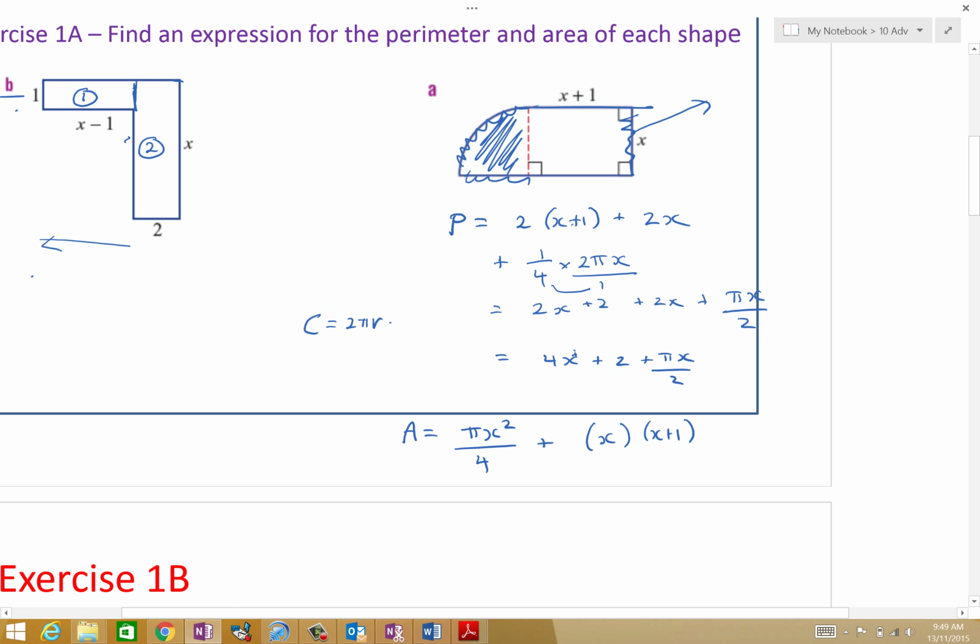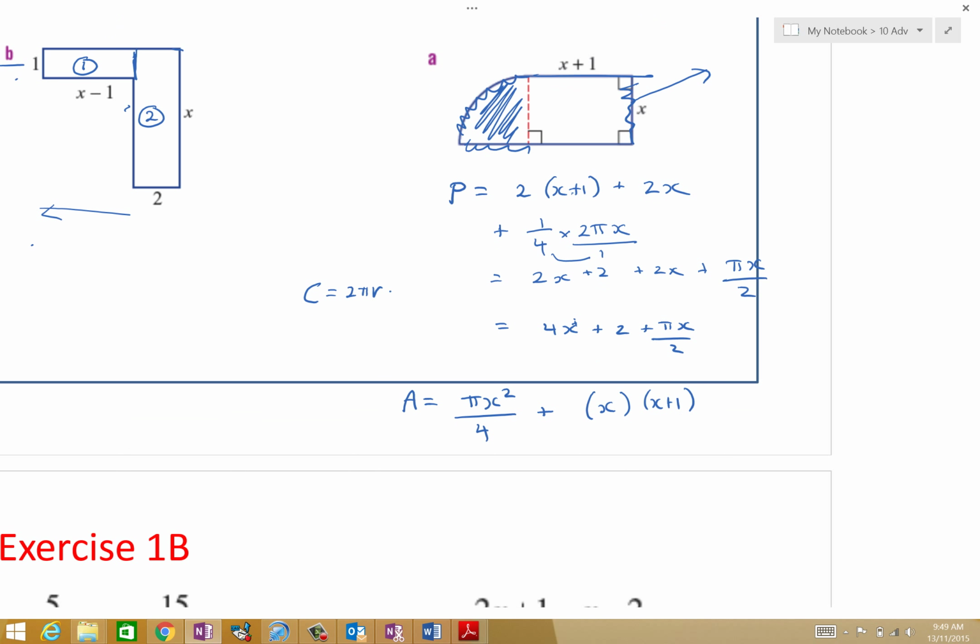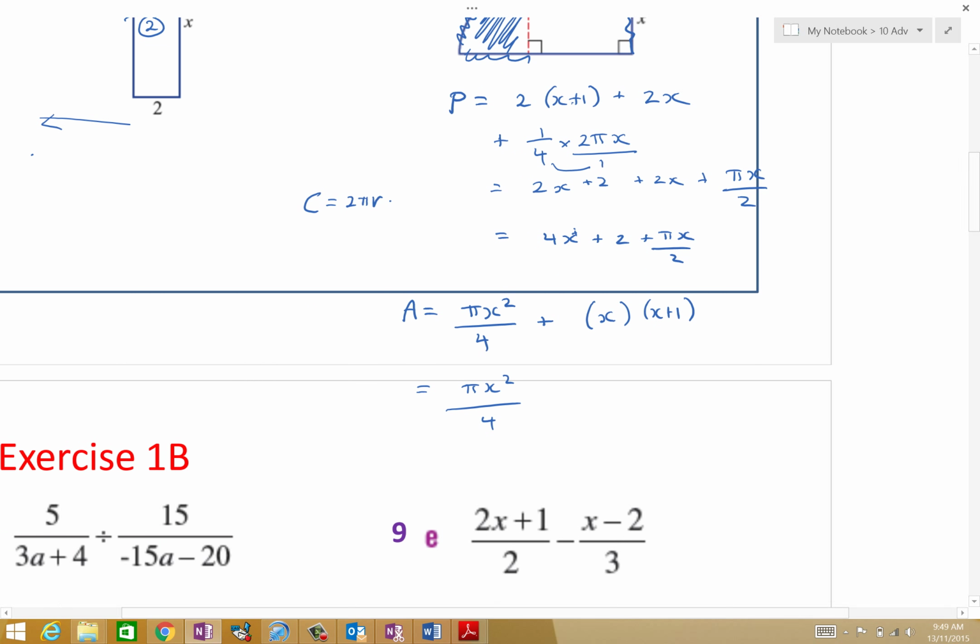Now, how could I simplify this fraction and actually add those two together? I've got pi x squared on 4, and I've got plus x outside of x plus 1. What would I do? Expand brackets or just times everything by 4.